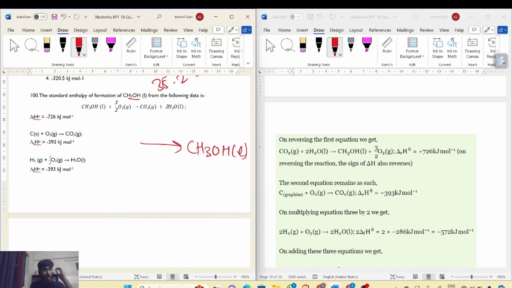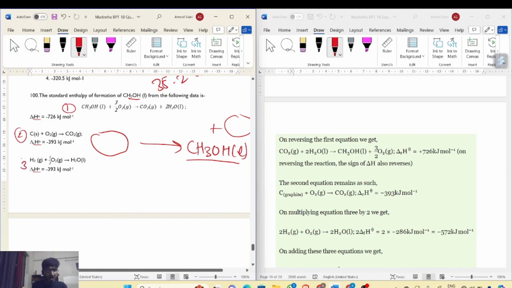There are some reactants on this side, and there will be some byproducts on this side, but CH3OH in liquid form must be formed, and we have to calculate its enthalpy of formation from these three equations: equation number 1, equation number 2, and equation number 3.